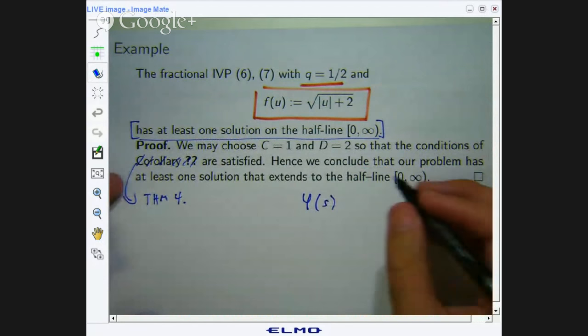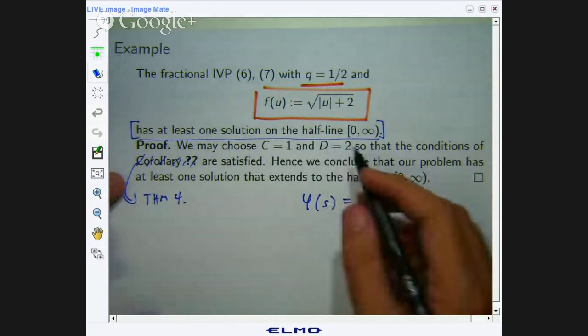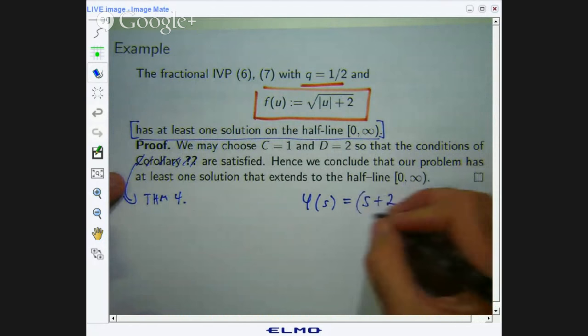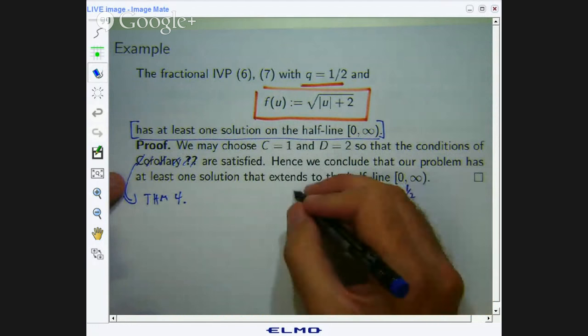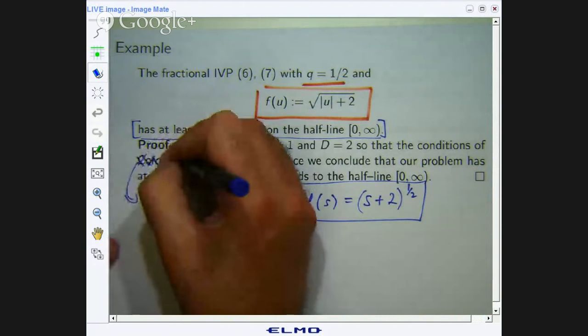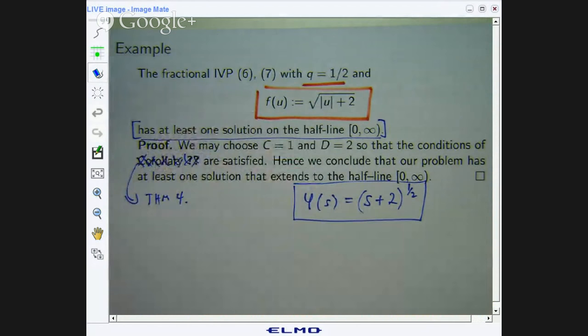Say phi of s would be something like s plus 2, and that would be your phi of s to apply the autonomous theorem, or the theorem taking the autonomous case here. All right, so just forget about this corollary. That's a mistake. Okay, sorry, there was a little typo there, so I apologize for that.